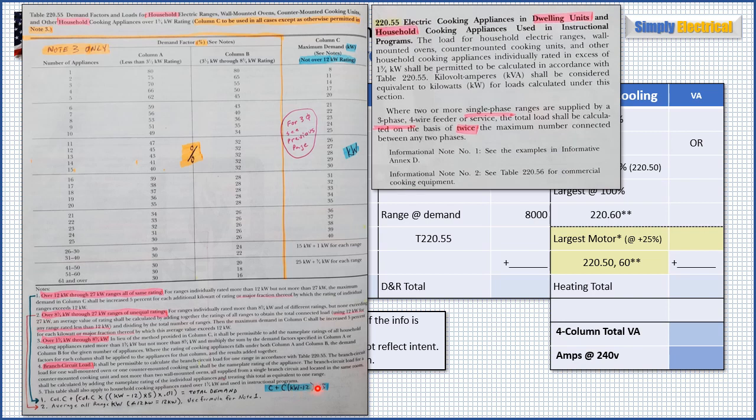You average all the ranges, making sure that anything that's less than 12 kW uses the value of 12 kW. And once you get that total, once you average them, then you just plug that into this formula, just like you would if they were all the same rating. Okay, I know that's not probably super clear, but as you listen to this, you might have to back it up, listen to it a few times, but you should be able to figure out why that makes sense, why this equation works.